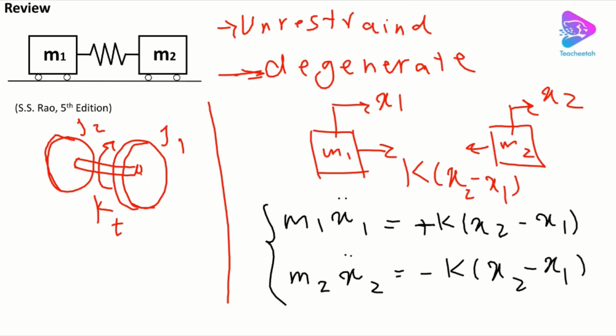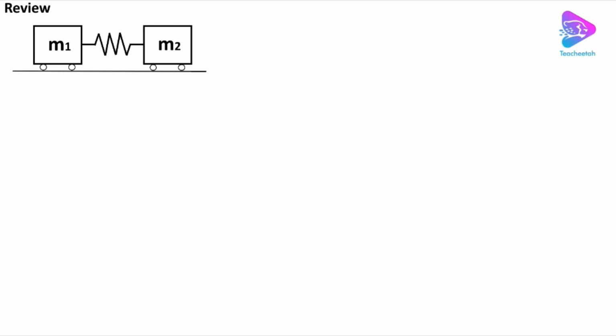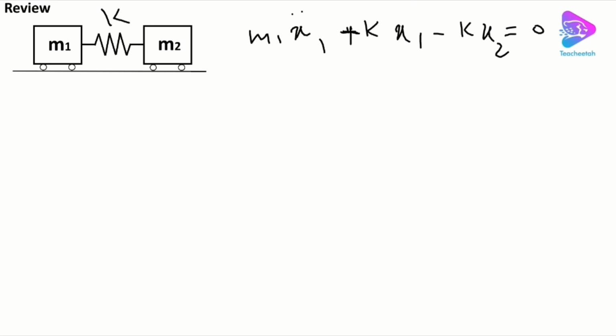If we put everything on the left hand side and simplify, we can set it as m1 x1 double dot plus k x1 minus k x2 equal to 0, and m2 x2 double dot plus k x2 minus k x1 equal to 0.